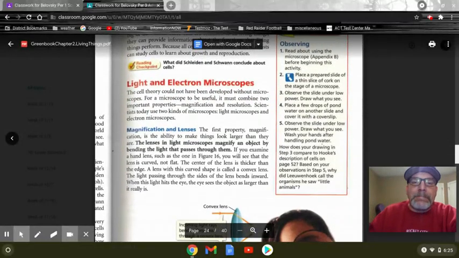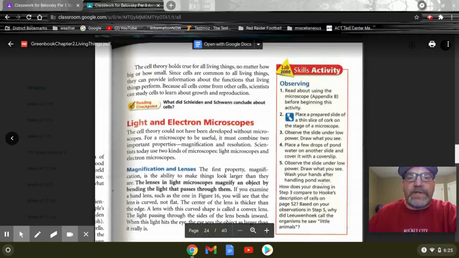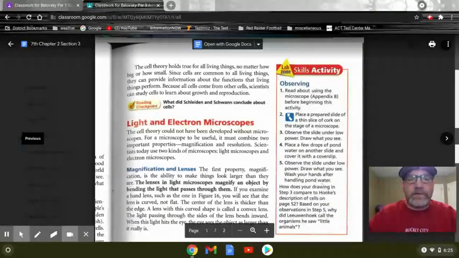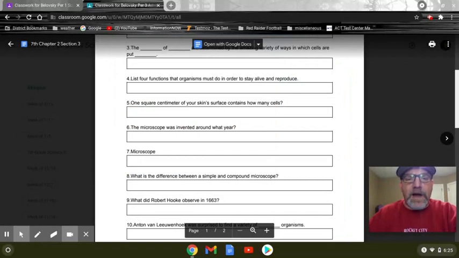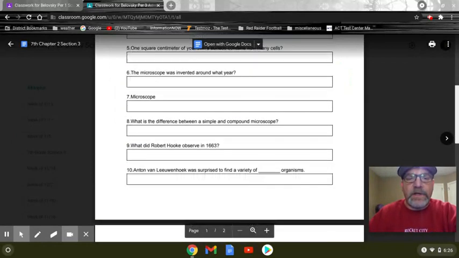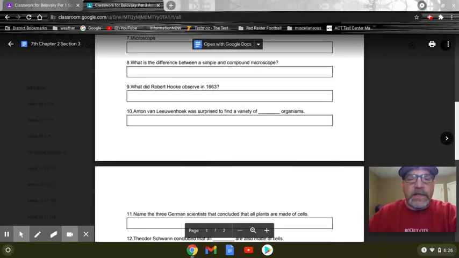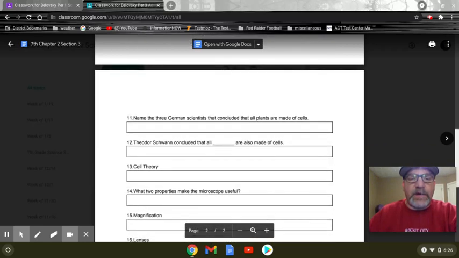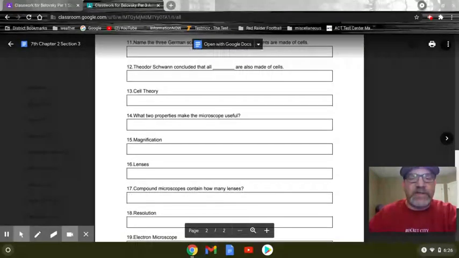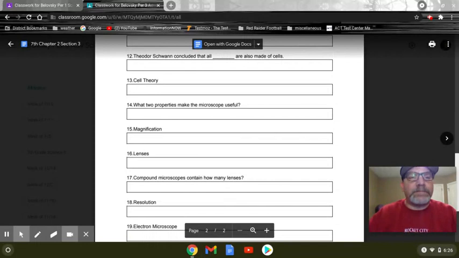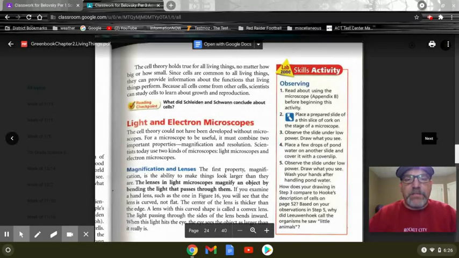Okay. Now, the next word after cell theory, I believe, is magnification, and I've skipped one. Let's see. Microscope we did. Cell theory we just did. Magnification. All right. So magnification is next.